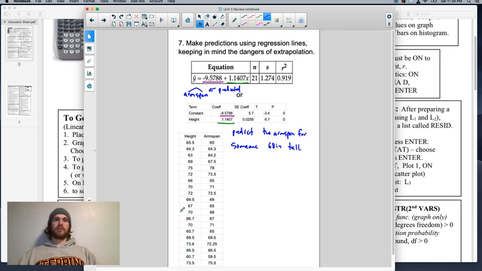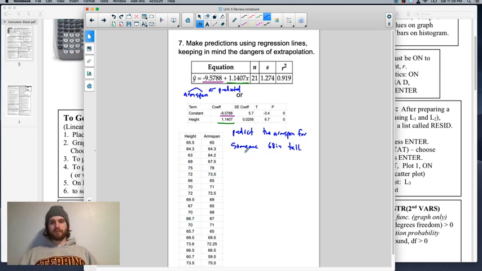Go ahead and look through the list. There is nobody in the list that is 68 inches tall. But we measured something that was lower than 68, and we measured something that was higher than 68. So 68 is a plausible value that our data set could represent. It would not be unusual for us, if we were to sample more people from this population, to have someone that was 68 inches tall.